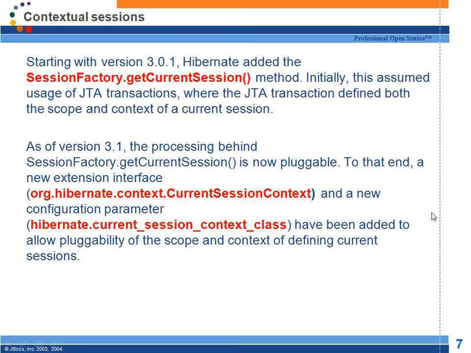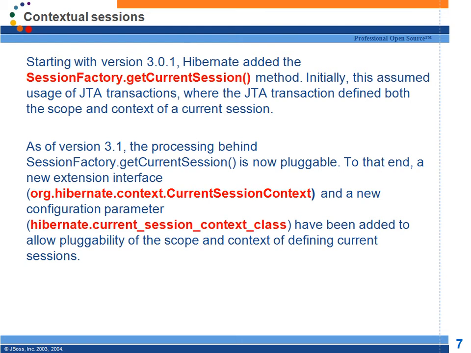Once you understand that, sessionFactory.getCurrentSession was introduced in 3.0.1, right? But when it was just introduced, it was working only with JTA transactions. It was not working in standalone applications in that version, right? So whenever you say sessionFactory.getCurrentSession in this version, it will always try to bind the session to a JTA transaction.